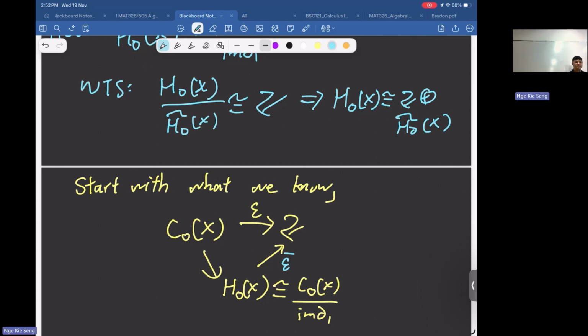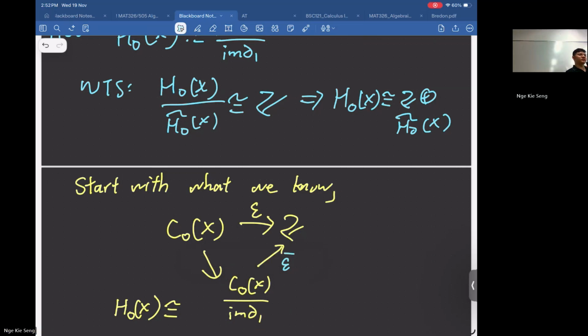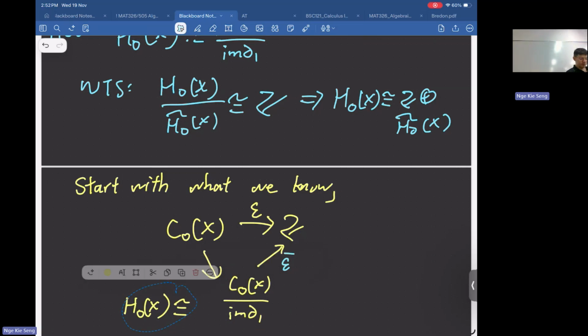What's wrong with it? Because you just send 0 to 0 in the quotient. It fits into this diagram. This is the quotient property. I just call it a new name.